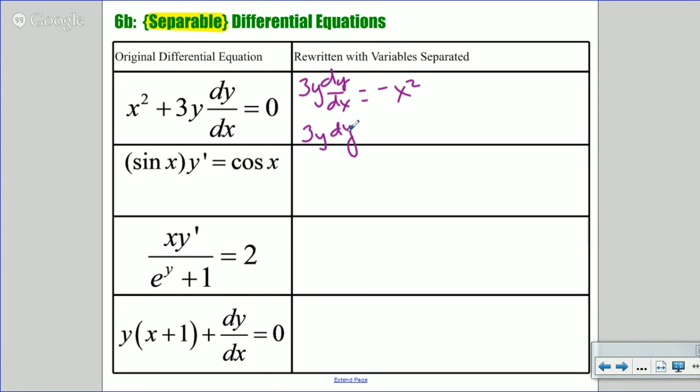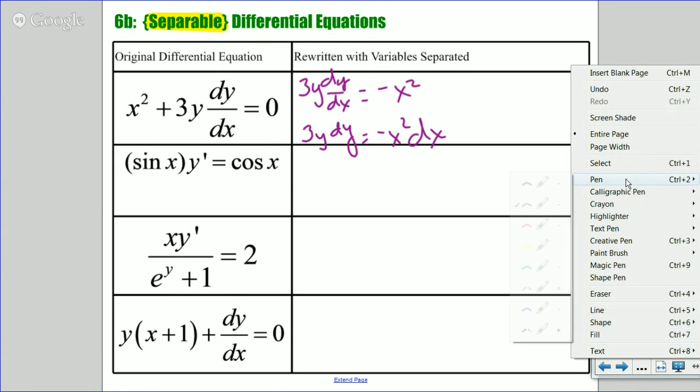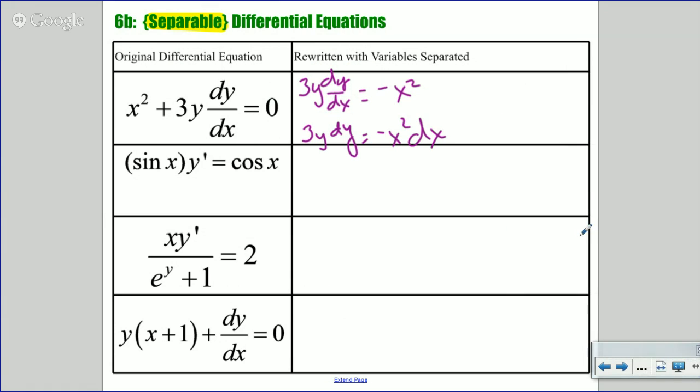And I would get 3y dy equals negative x squared dx. And now we're good. Right now I have y's on one side, x's on the other. And also very important that I have my differentials both in the numerator. Neither differential is in a denominator now. And you'll see why that's important in just a sec.